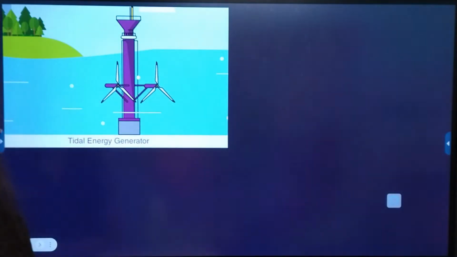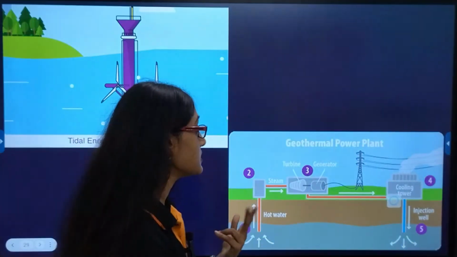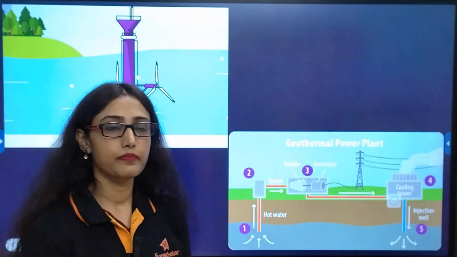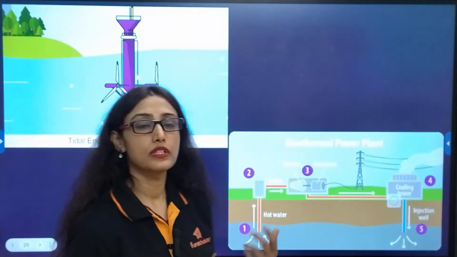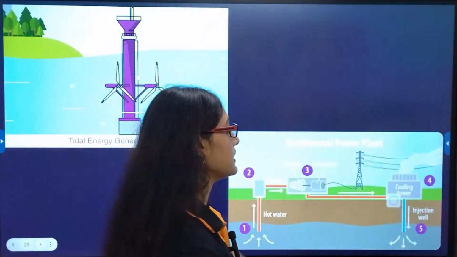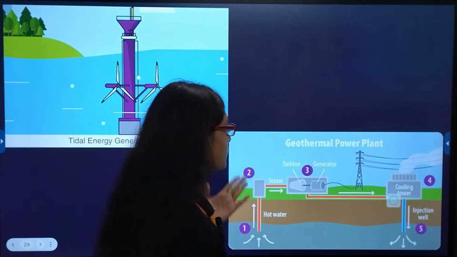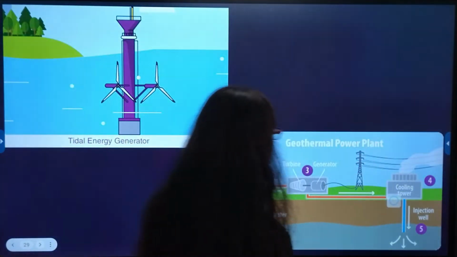Clear? Okay. Another is the geothermal power plant. What is geothermal? You have heard that there are hot springs which are very rich in minerals. These hot springs are used to generate electricity. So that is the source of a geothermal power plant.